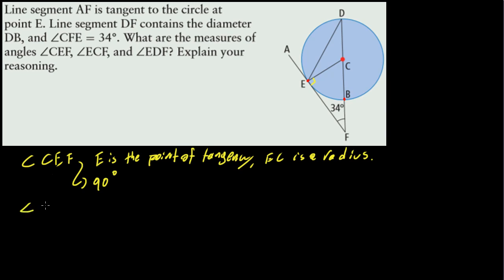Perfect. Let's go ahead and look at ECF. So ECF, right over here. This angle is inside our triangle with E, C, and F. We already have 90 degrees, and we already have 34 degrees. So we should be able to take 180, subtract 90, subtract 34 to equal angle ECF.